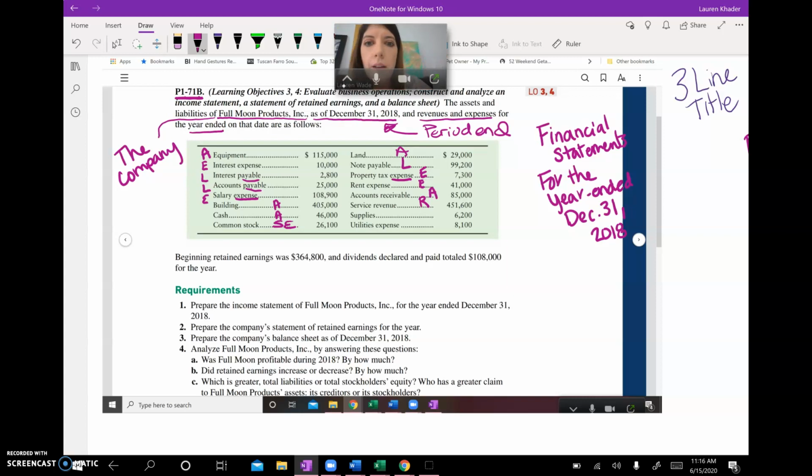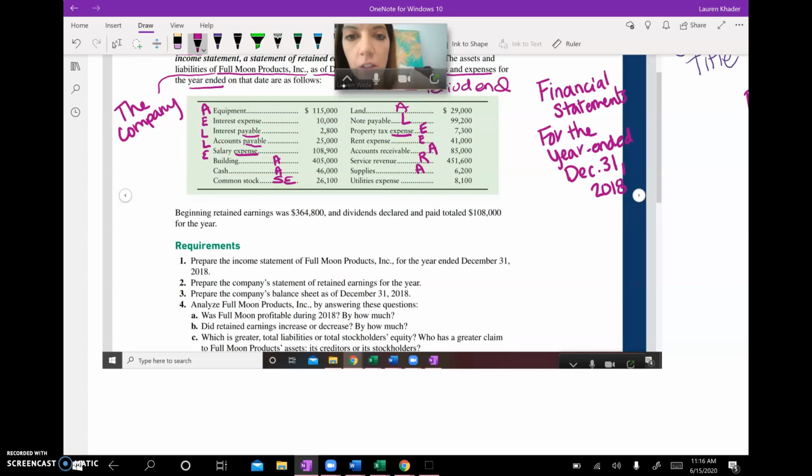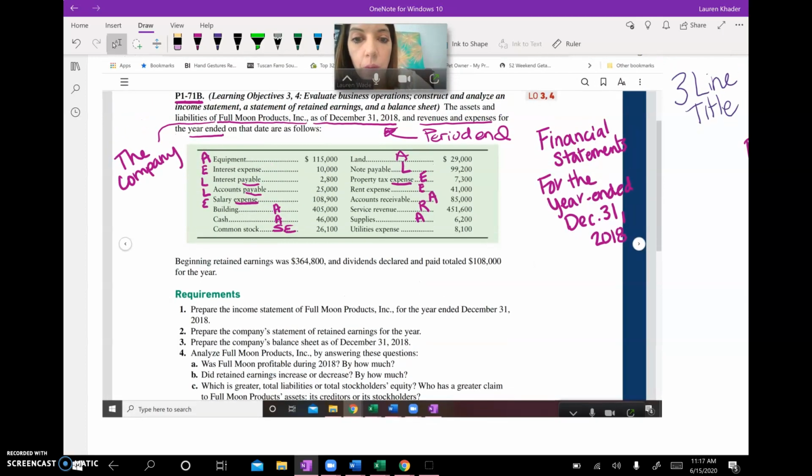We purchase supplies such as staples, staplers, tape, pencils, pens to provide services to our customers. If we didn't have that paper or pen, we might not be able to process some of the information and provide that service for our customers. Supplies is an asset. We have it available to be used in the future.